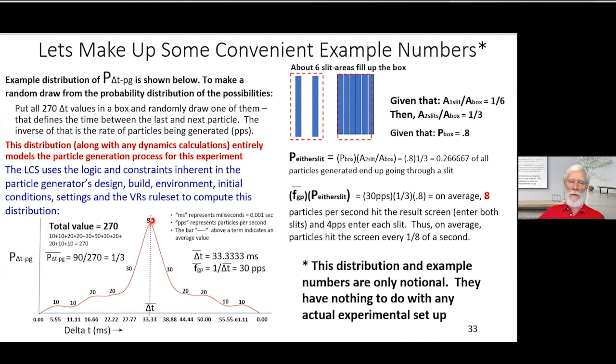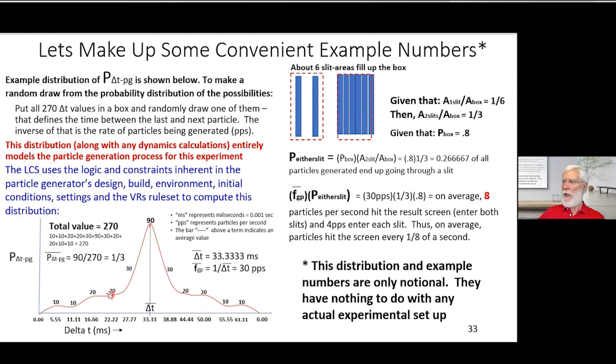So here we have 90 pieces of paper with 33.33 milliseconds, and so on. So another 30, another 20, 20, 10, 10. So we take all these pieces of paper, which turns out to be a total of 270 pieces of paper, put them in a box, shake them up, pull out one on a random draw, and bingo, that is the delta t. That gives us the frequency.